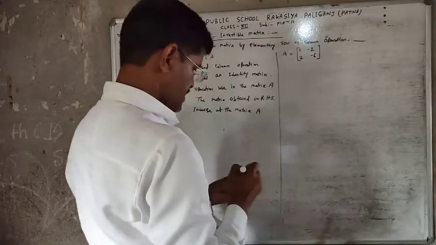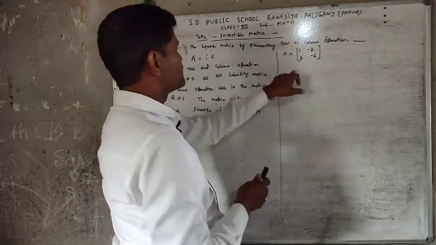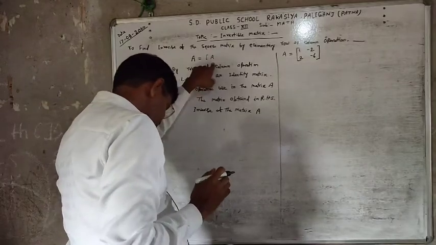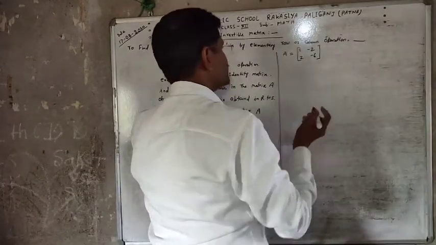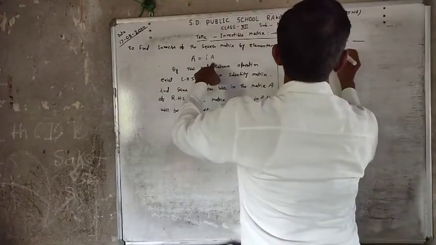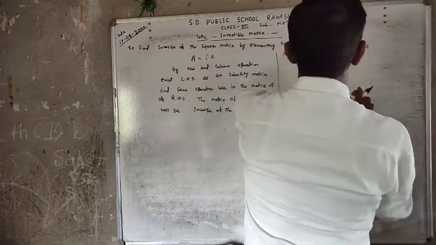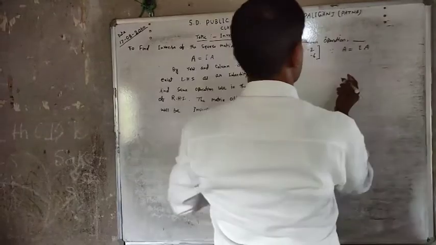To find the inverse of the matrix, first of all we have to write A equal to I into A. Since A equals I into A, write the matrix A in the LHS.